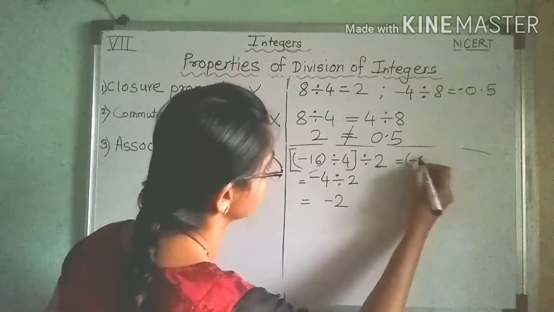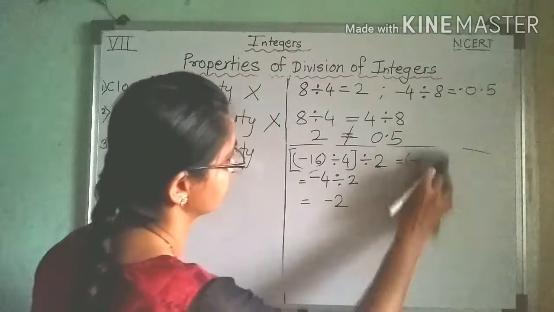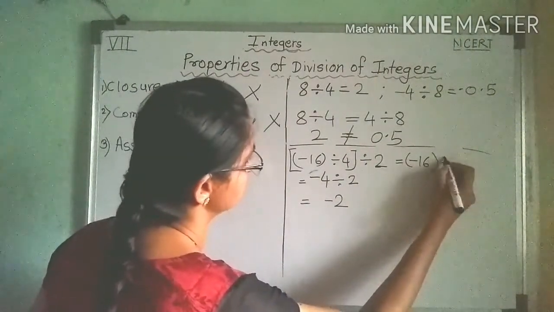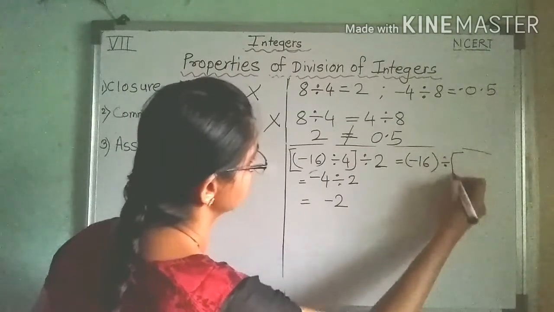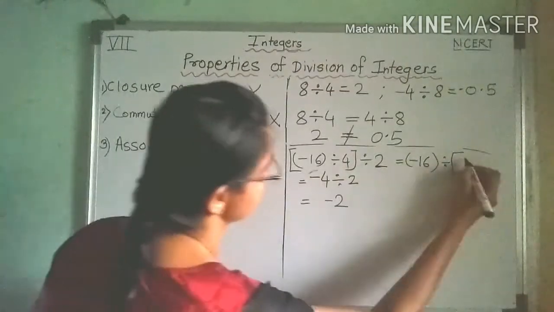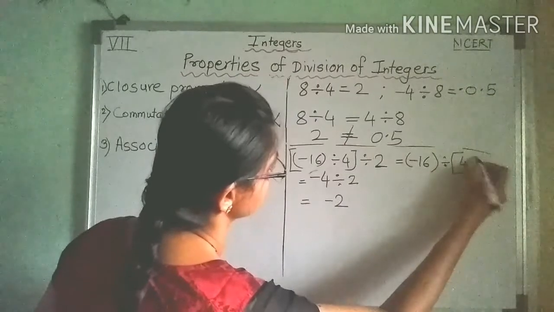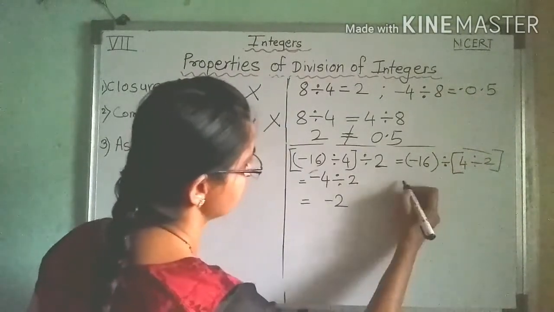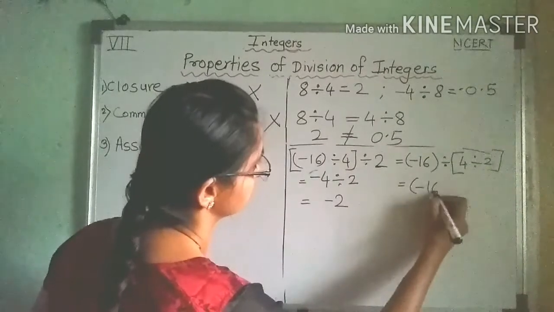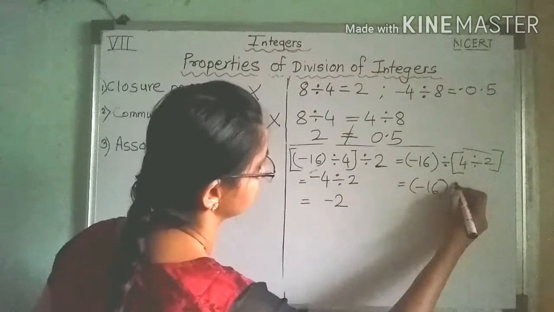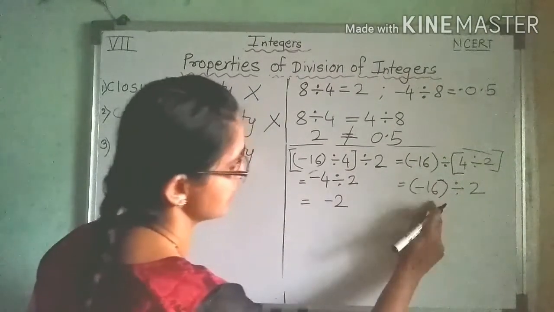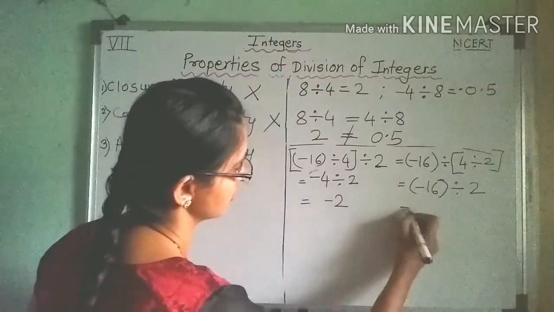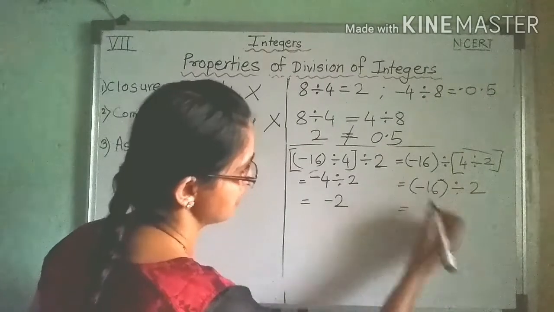Minus 16 outside the bracket, divided by the bracket 4 divided by 2. So first we will solve this bracket. Minus 16 as it is, divided by 2 into 4, so minus 16 divided by 2.